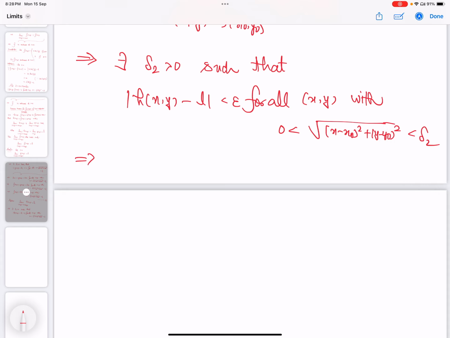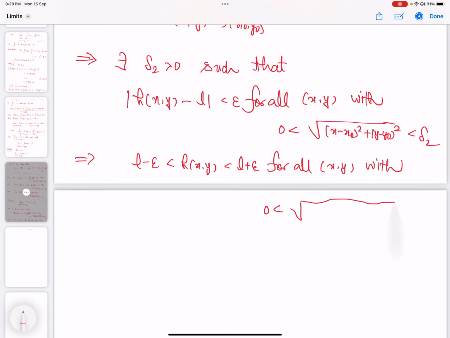So this implies L minus epsilon is less than h(x,y) is less than L plus epsilon for all (x,y) with (x minus x naught) squared plus (y minus y naught) squared less than delta 2.